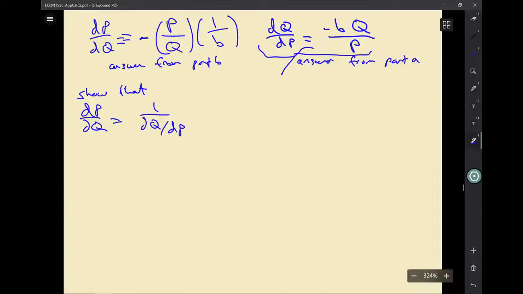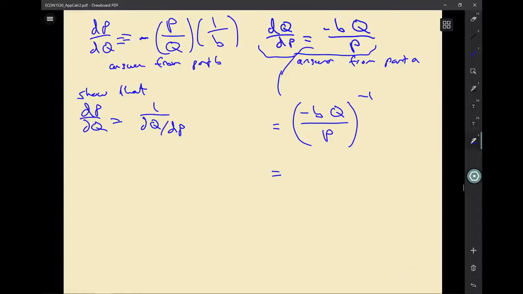In order to do that, I'm going to put a 1 over it. Or better yet, I could just write negative P over Q times 1 over B and raise this thing to the power of negative 1. That's just like taking 1 and then dividing this thing. What's that going to be equal to?